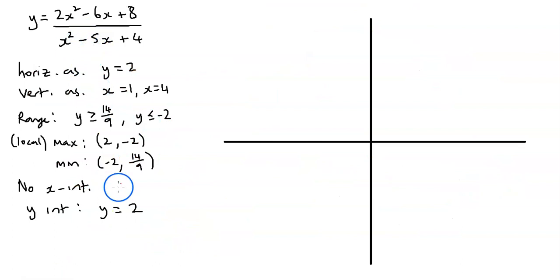Okay, so after compiling all the information that we have from what we've worked out or just looking at the curve, we're ready to sketch this thing. And since the y-intercept is clearly when y equals 2, because that's what we get when x is 0, we can see that it also intercepts its horizontal asymptote at that point. So let's go ahead and work this thing out. So first, drawing in the horizontal asymptote, y equals 2.